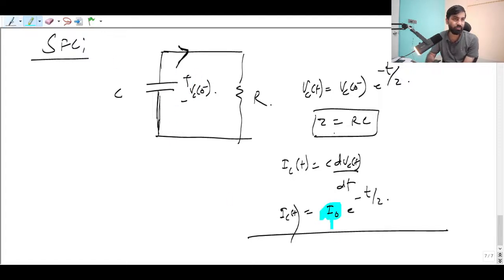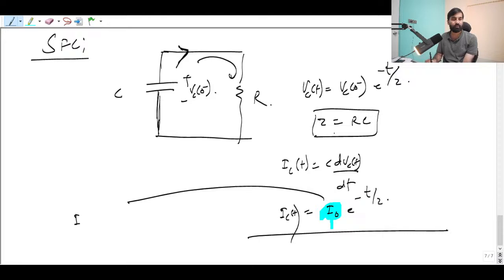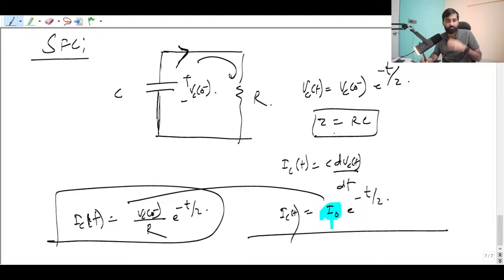So the initial current will flow like this. You can directly find this current. Instead of differentiating, needless to differentiate, you can directly write VC0 by R e raised to power minus t by tau. It will always decay only.